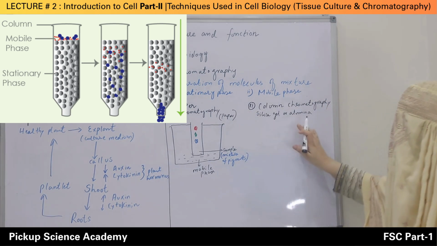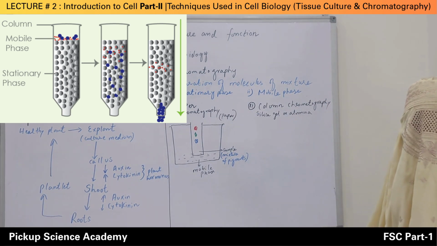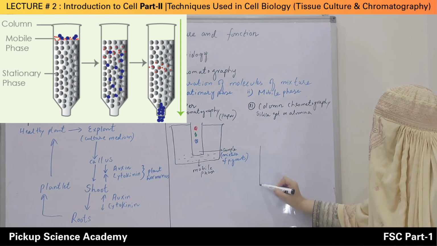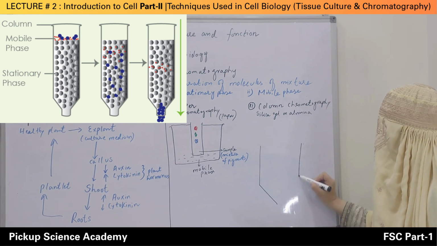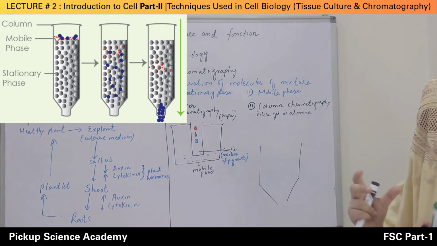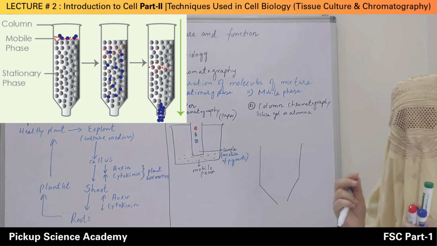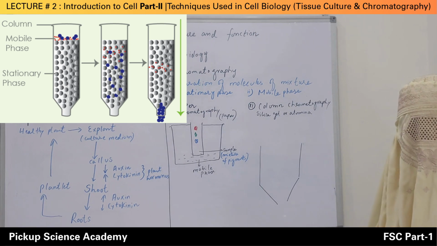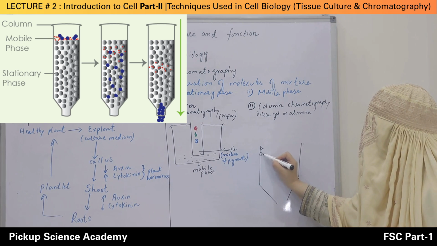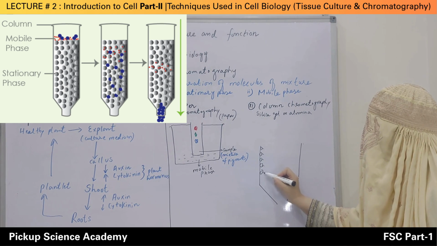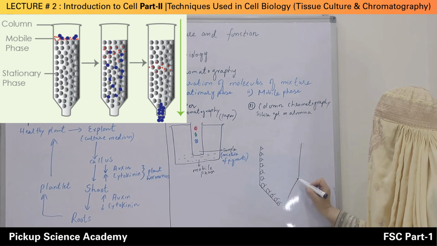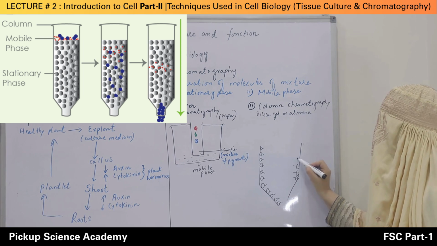Okay. So in column chromatography, there is a glass column. The inside of the glass column contains the stationary phase, which is either silica or alumina. So the particles of that stationary phase are present inside the glass column.